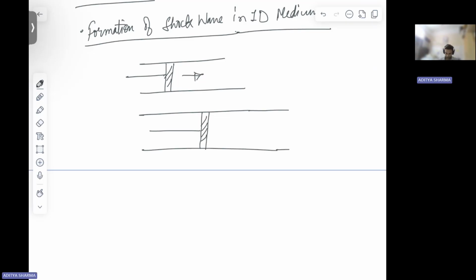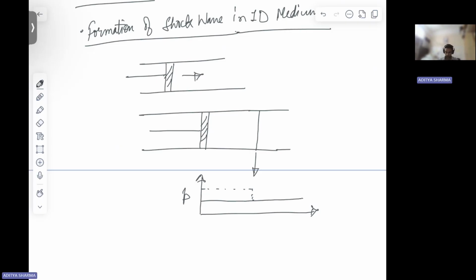So this is going to give you a compression wave this way. And this is going to give pressure rise. Okay, so this corresponds to this.